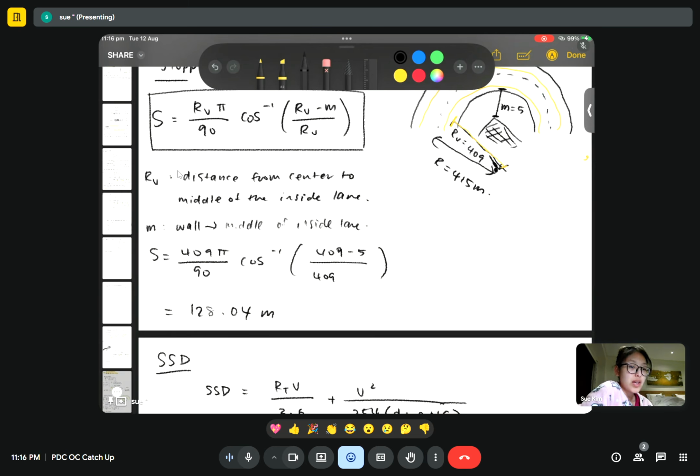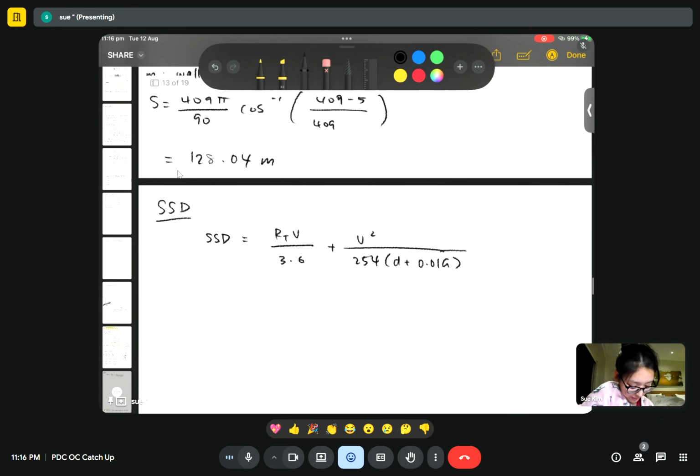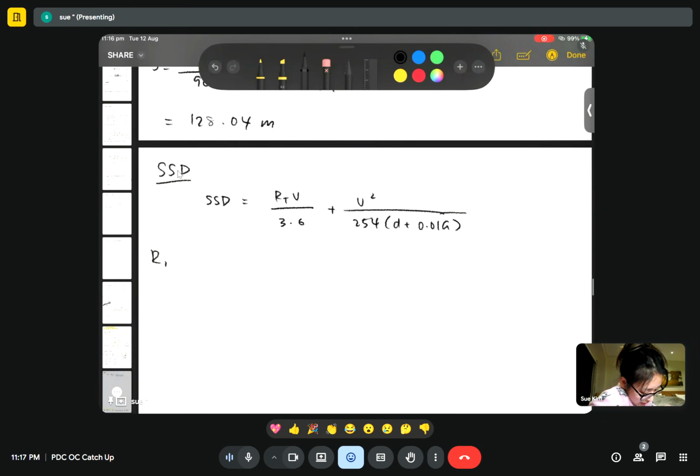So in order to figure that out, I need to calculate the stopping sight distance. Well, it's a formula we are familiar with. All of these values I got from the question itself. So the reaction time, speed, and D factor. I'm taking 0.46 because on the standards, that's what it is for mountainous roads.